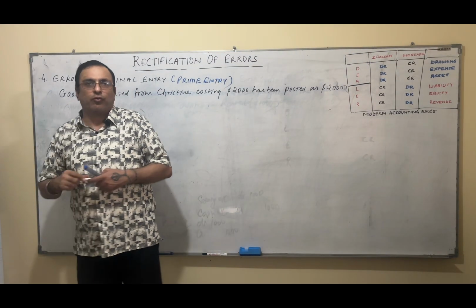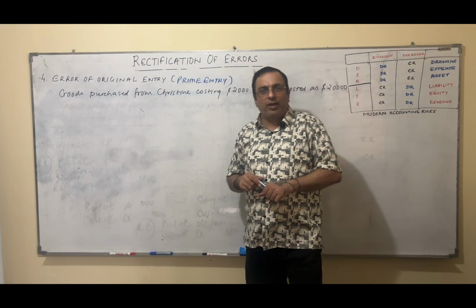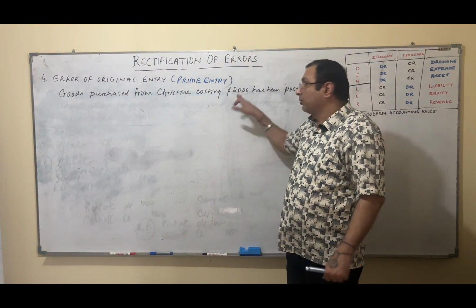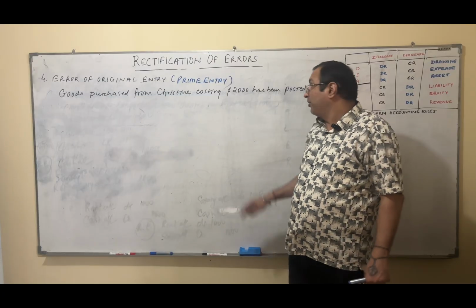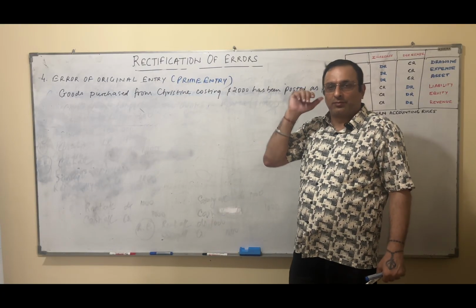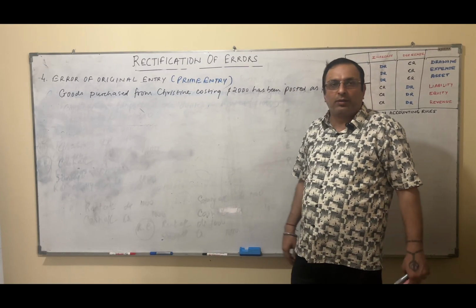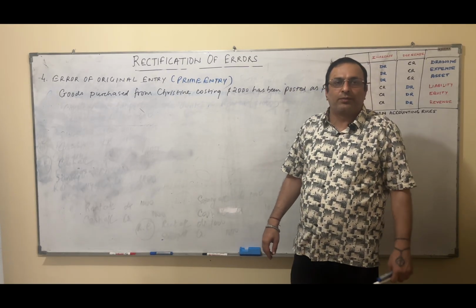Now, what mistake have we done? The goods we have purchased cost 2000, but we have posted or recorded 20,000. We have overstated. When we write more than the actual amount, that means we overstate it.